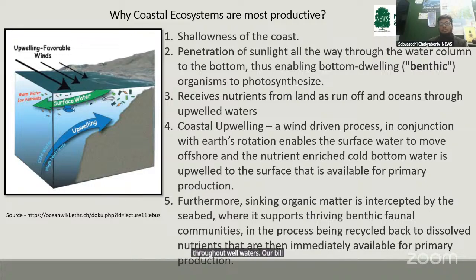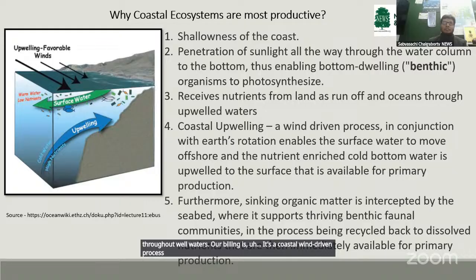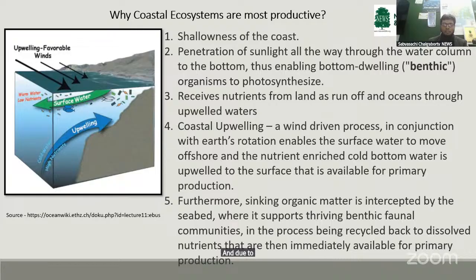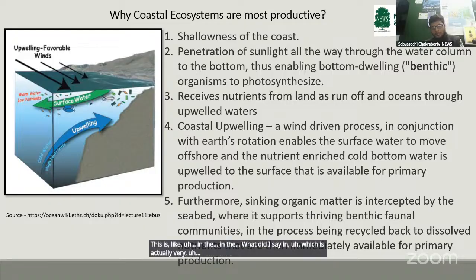Upwelling is a coastal wind-driven process where, due to the Earth's rotation and the wind effect, the bottom water, which is the cold water, is much more nutrient rich and has much more oxygen content.